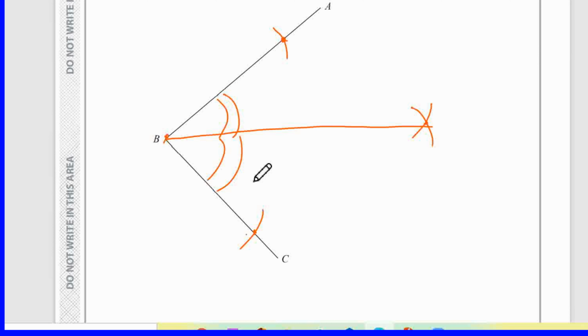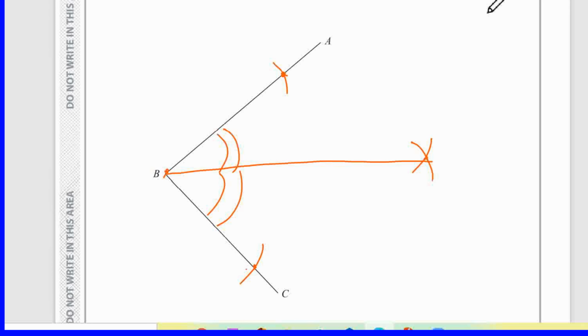Questions 12 to 24. I will scroll up from the top so you can see all the marks here.